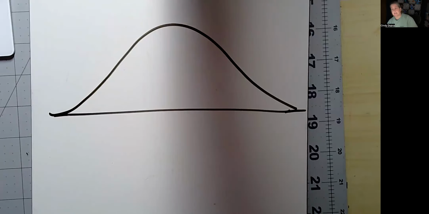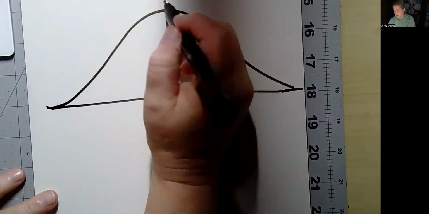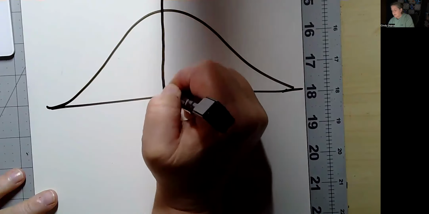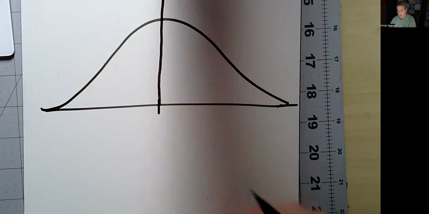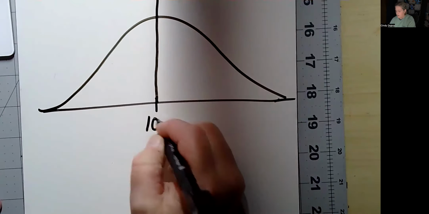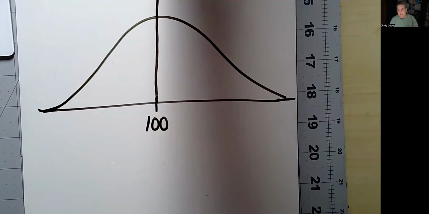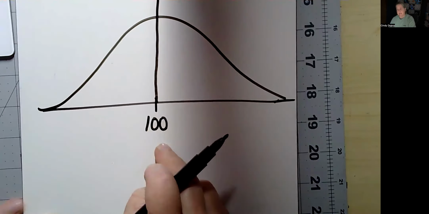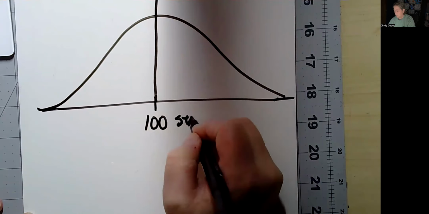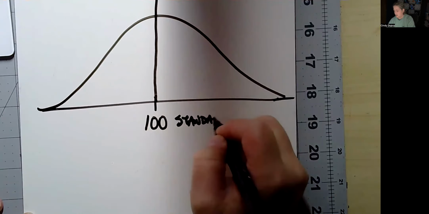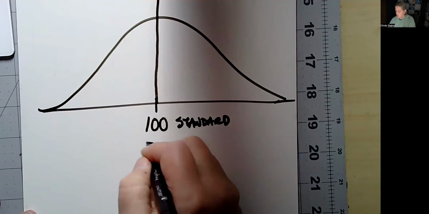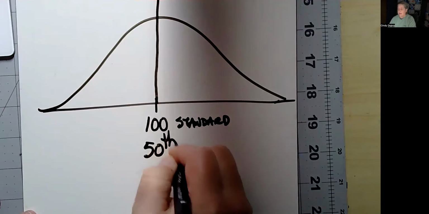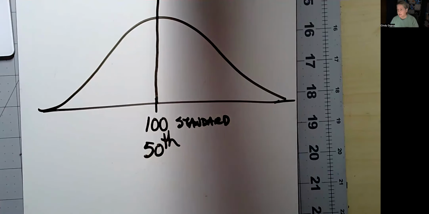So let's talk about the standard score first. The standard score is on a metric of 100. So an absolute average score will be a standard score of 100. And what that means is the score falls at the 50th percentile.